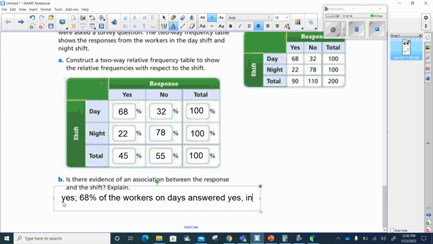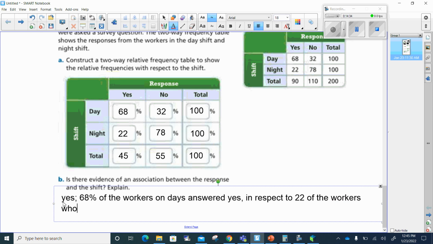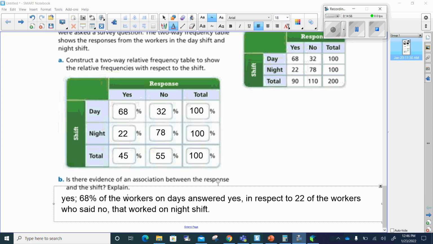Let's see, 68% of the workers on days answered yes in respect to 22% of the workers who said, oh, I'm sorry, 22% of the workers that said yes, not no, that worked on night shift.